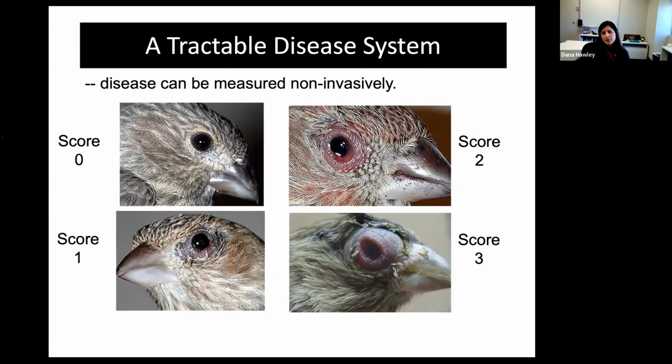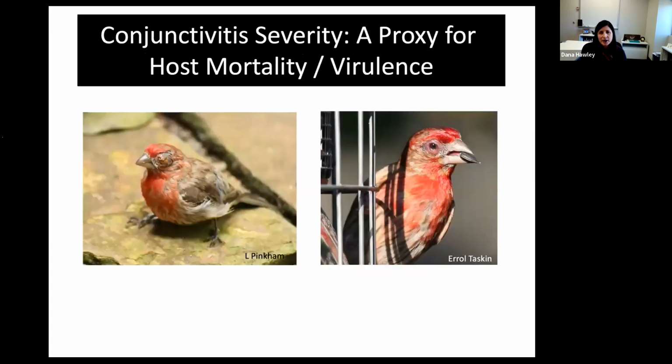We can simply examine the severity of conjunctival swelling, and we largely use a scoring system, but we've also done extensive ImageJ type analyses that all correlate really strongly with the very basic subjective scoring system that we use. And we always score blind to treatment. So we're always doing the scoring in as unbiased a way as possible.